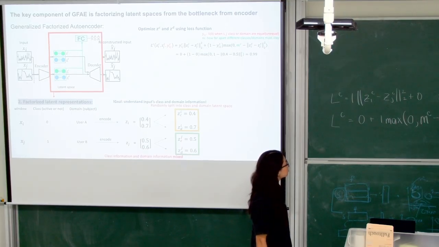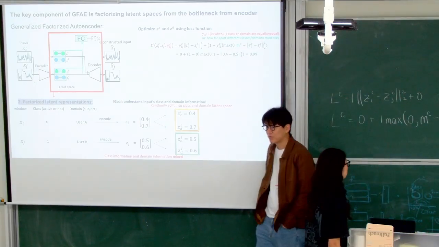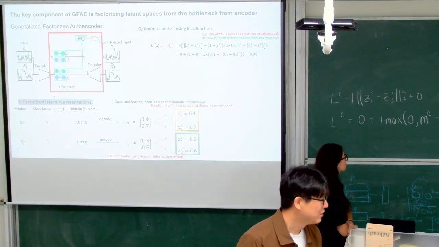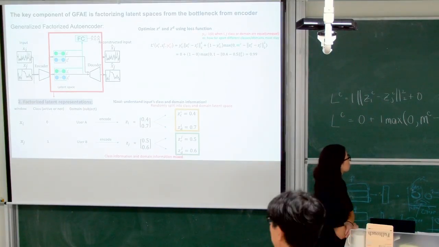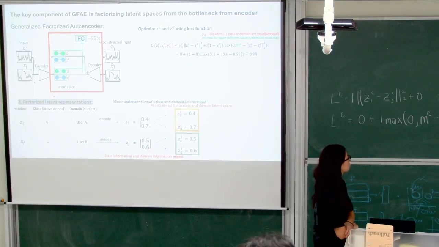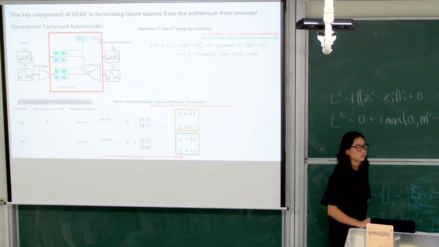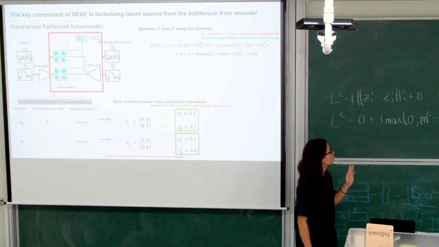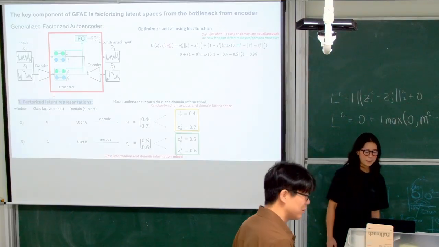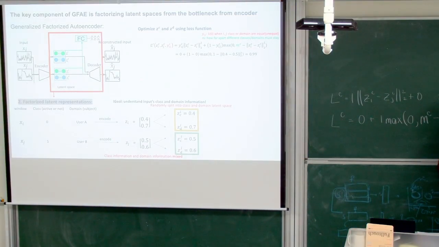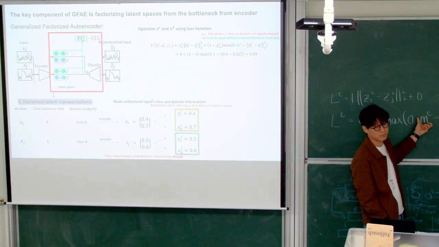Let's say the white is class 1, red is class 2. Then x-axis, y-axis, what will be the class dimension? What will be the subject dimension? The x-axis should be class, and then the y-axis will be domain. Does it make sense? If we choose both, then due to this, this error will become larger.